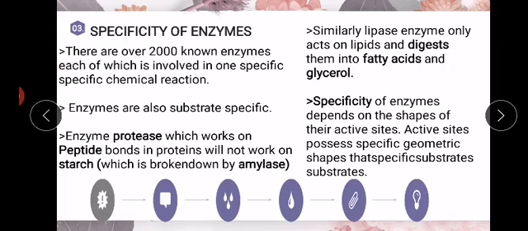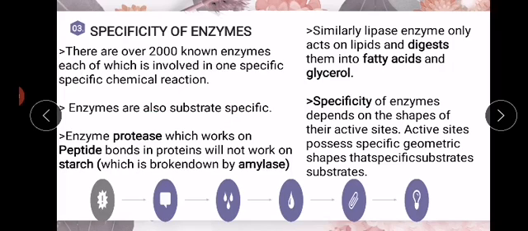It means the 2000 enzymes are involved in at least 2000 chemical reactions. They are also substrate specific. How are enzymes substrate specific? Substrates are the molecules on which the enzyme is going to act.